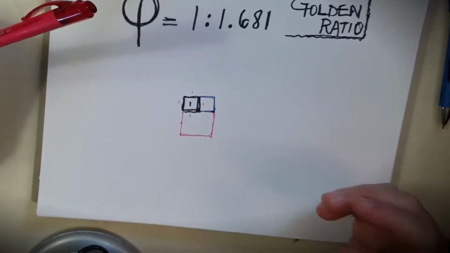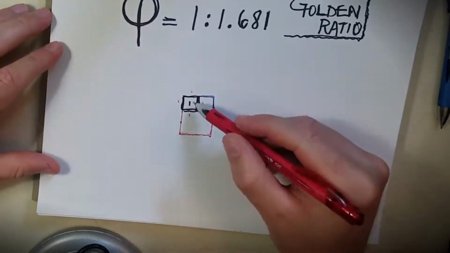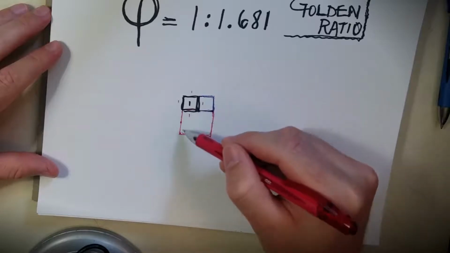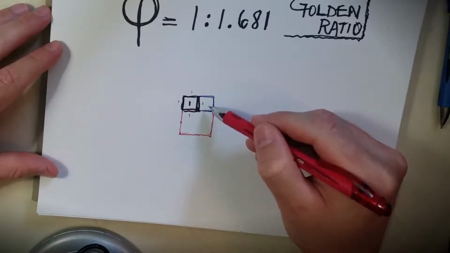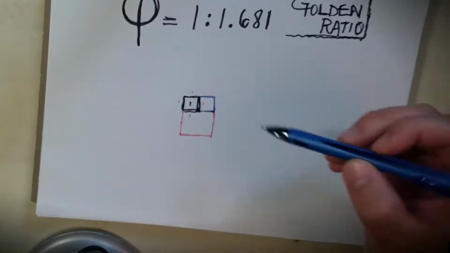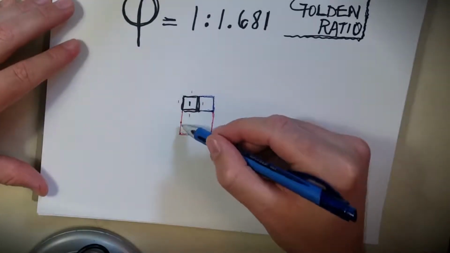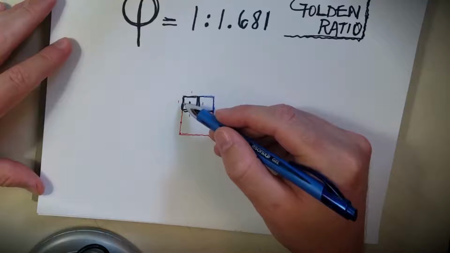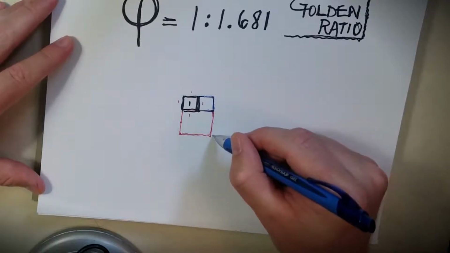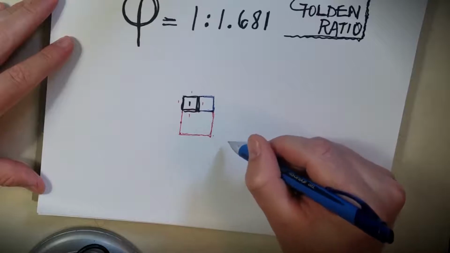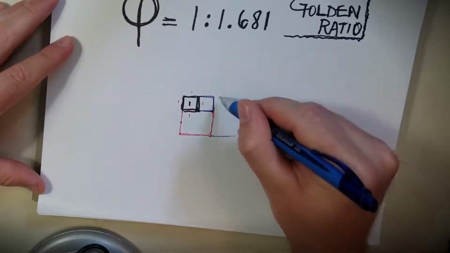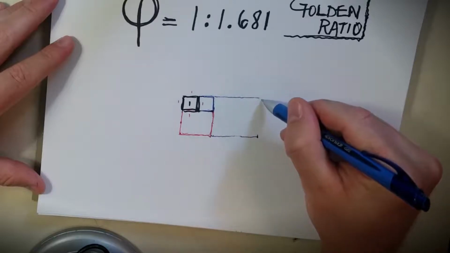And now you'll notice that the ratio of this to this, or this to the whole thing, is going to be extrapolated into this being 3 units. So I'm going to draw out 3 units here. 1, 2, 3. Okay.